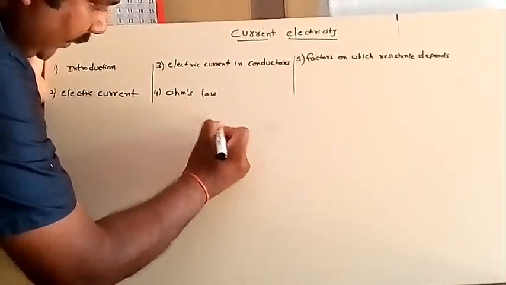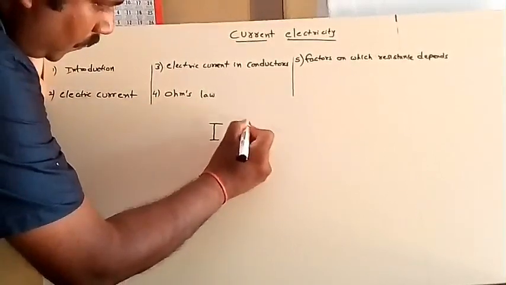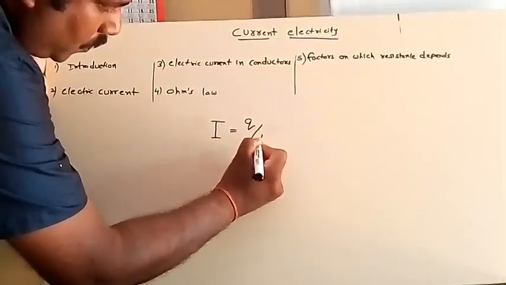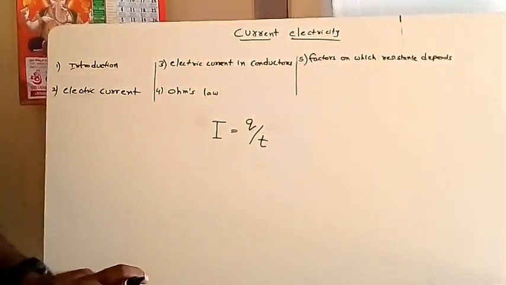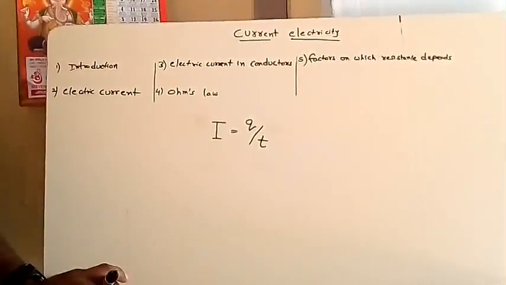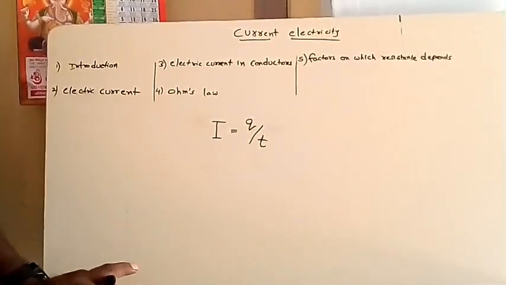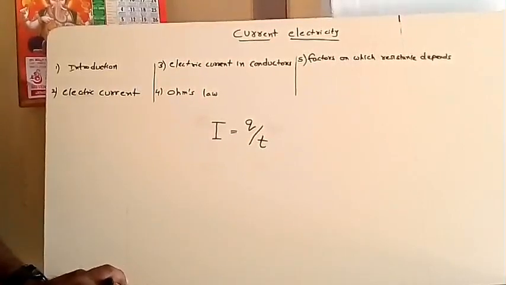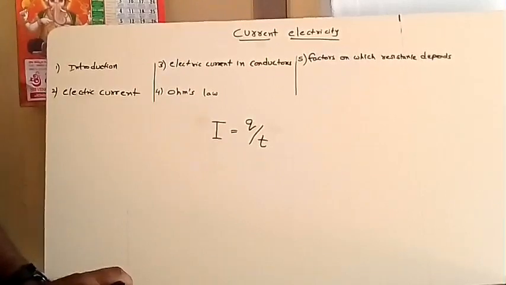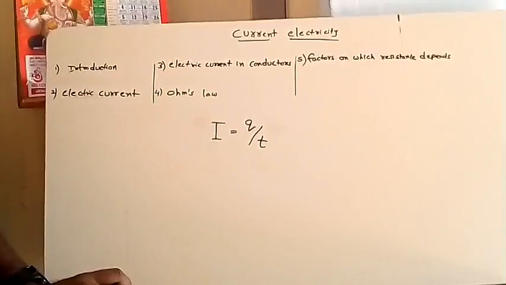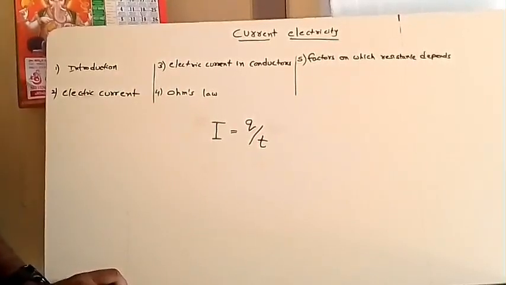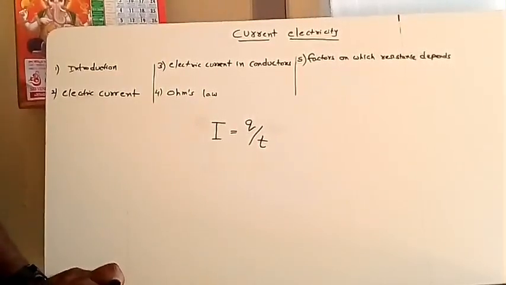The electric current is nothing but, suppose the charges are flowing through any cross section of the conductor in a particular time interval, then that charge per unit time is nothing but electric current.